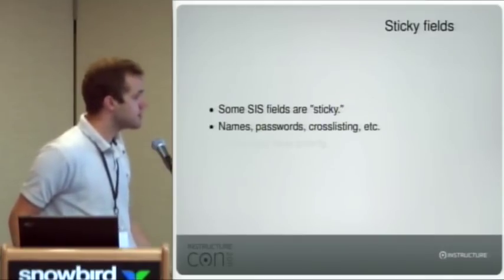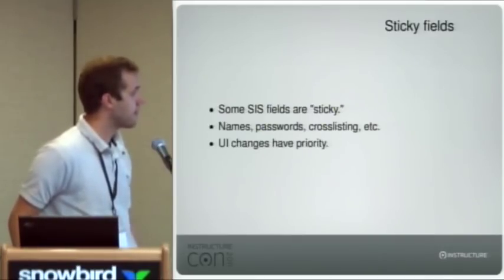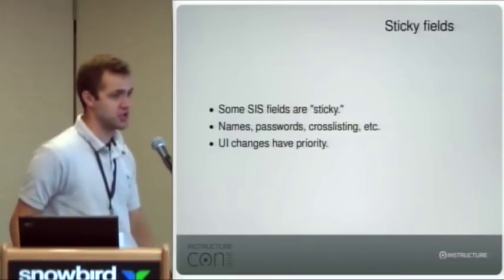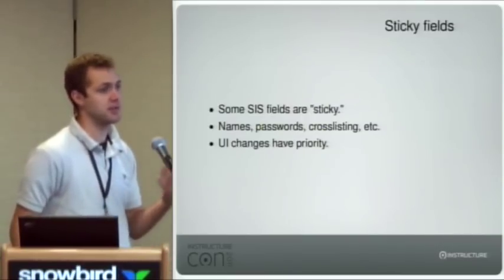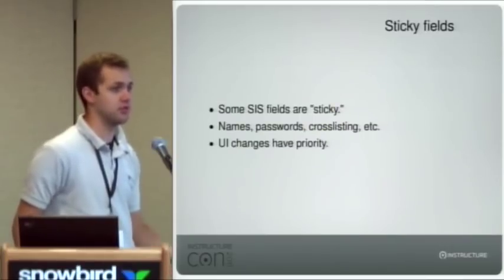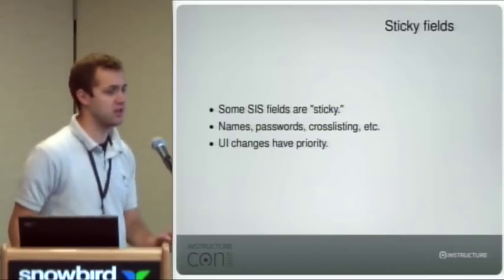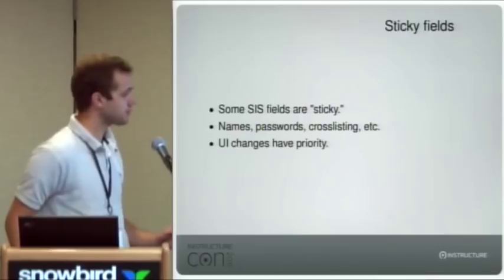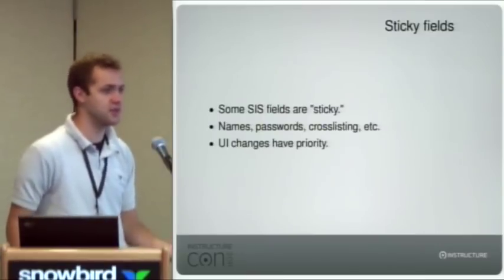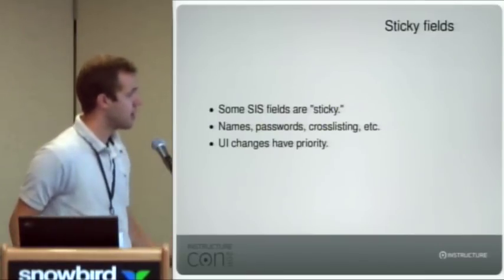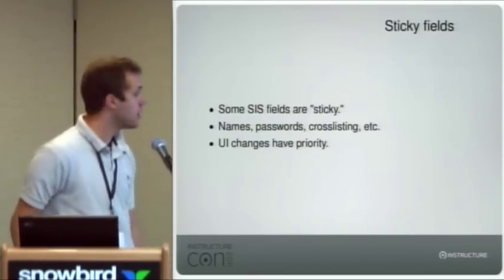So names, passwords, cross-listing. We're trying to give UI changes priority. If you change something in the UI, then the student information system often won't be able to override that. We need to improve the clarity about when the student information system can override that, and resetting those fields. But for the most part, UI changes have priority.